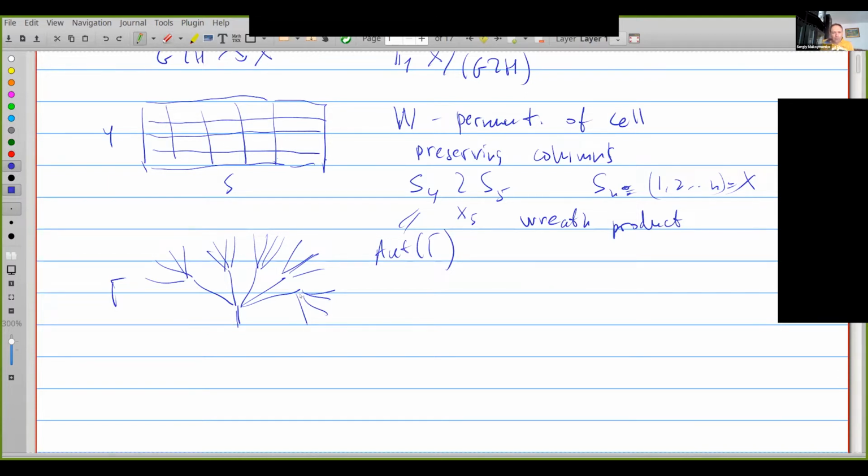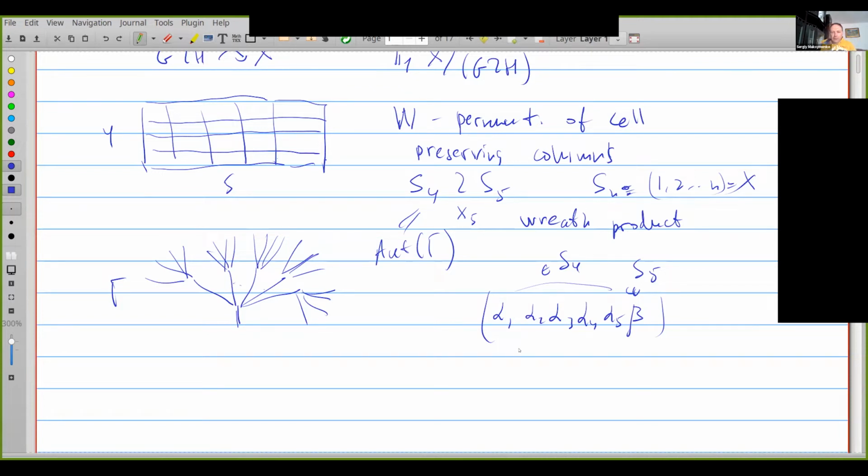First of all, we have an element beta belonging to S5, and it corresponds to a permutation of these trees. And after that, at each level, I have an element belonging to S4. So every automorphism of this graph is actually given by this collection of permutations. I need 5 elements from the group S4 and 1 element from the group S5.